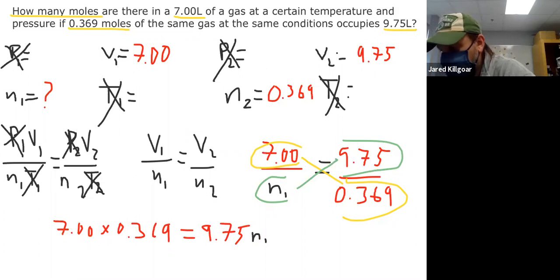And I can calculate this value. So let's calculate it on my calculator. 7 times 0.369 gives 2.583, that's what this quantity is.